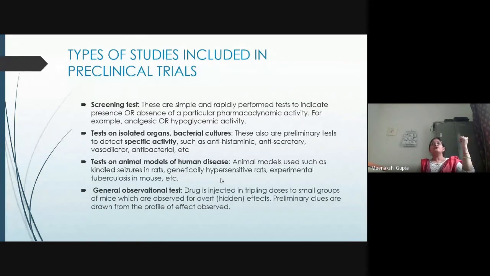If we know that a particular gene is responsible for producing this disease, we can damage that gene in animals and create a model of that disease in animals.